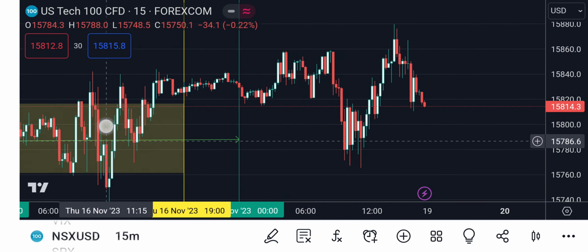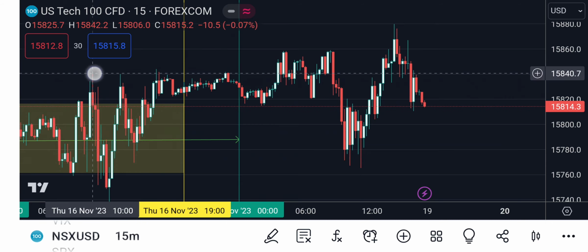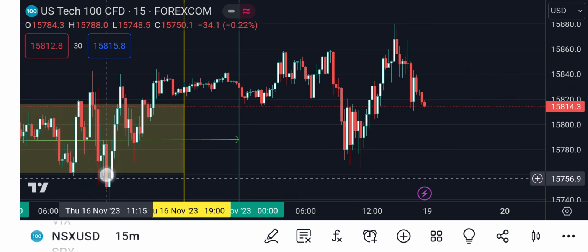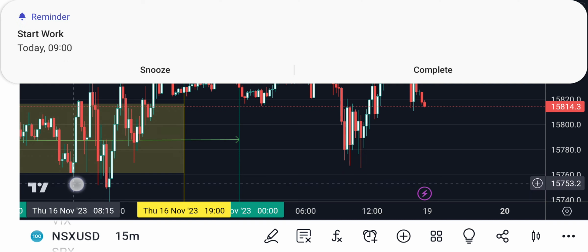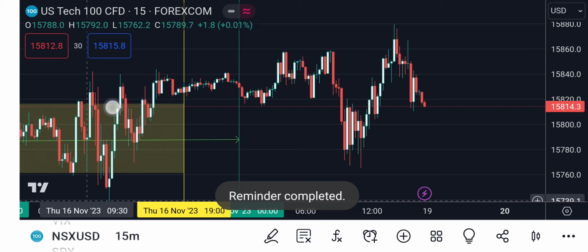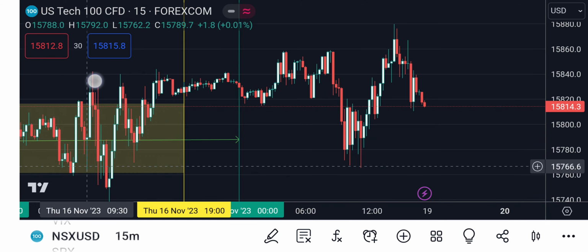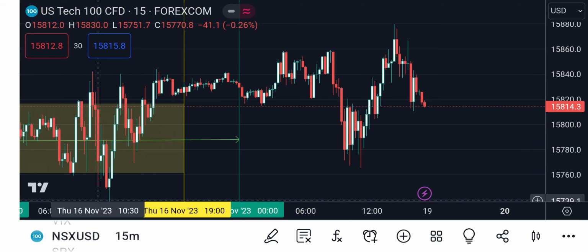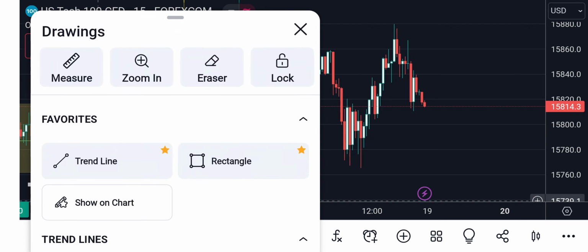But this is a move, guys. Because if you enter a sell here, you're expecting to get out around this low here. So from here to this low, you're fine.